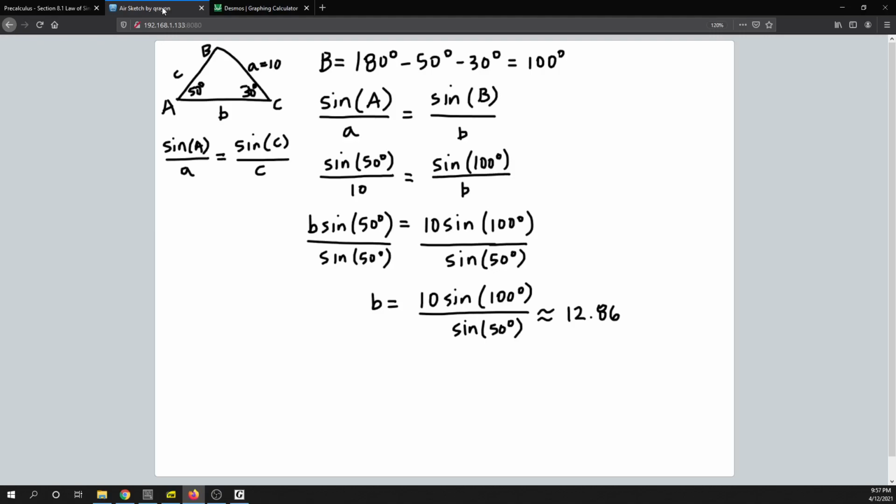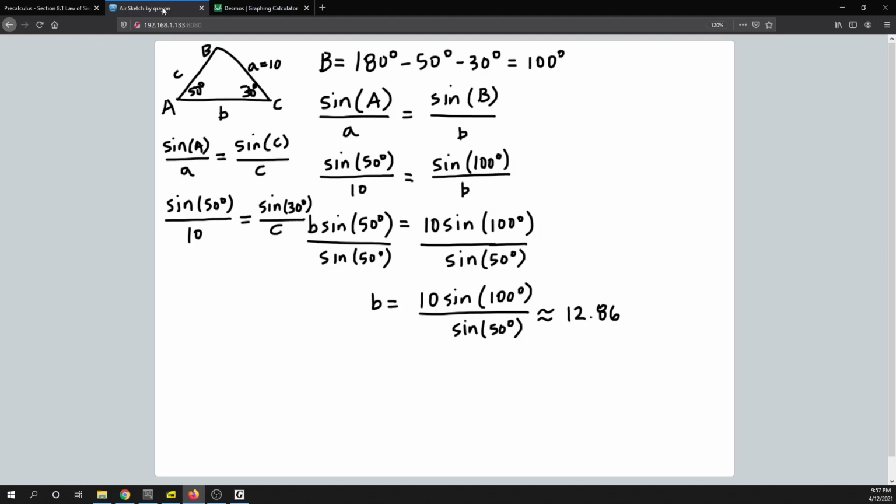And we know angle A is 50 degrees. We know that side a is 10. And we know that C is 30 degrees. And c is unknown here.